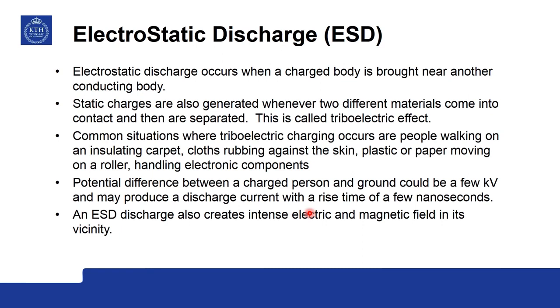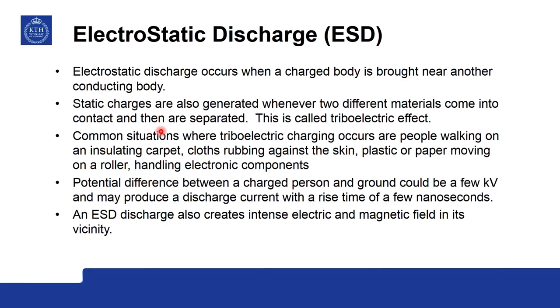Electrostatic discharge occurs when a charged body is brought near another conducting body. Static charges are generated whenever two different types of materials come into contact and are then separated. This is called the triboelectric effect.